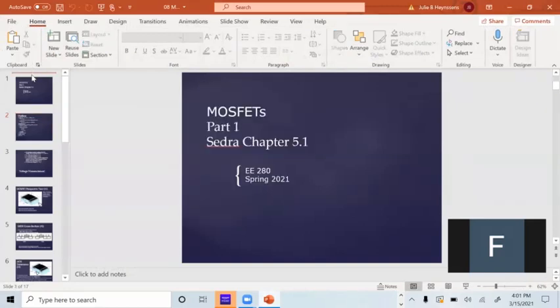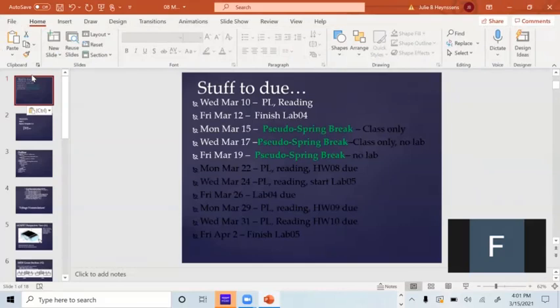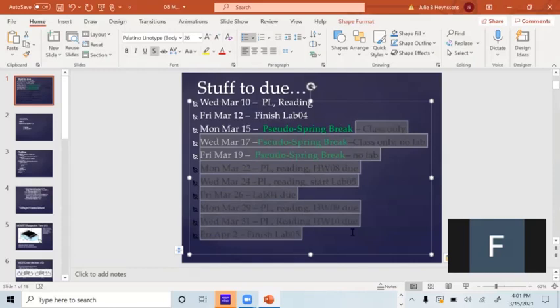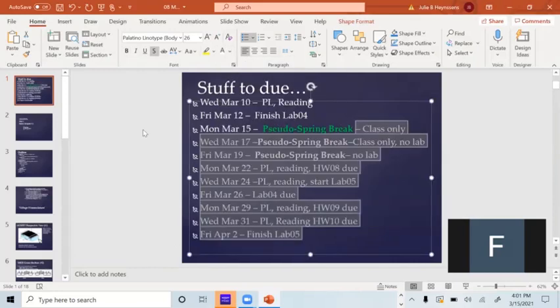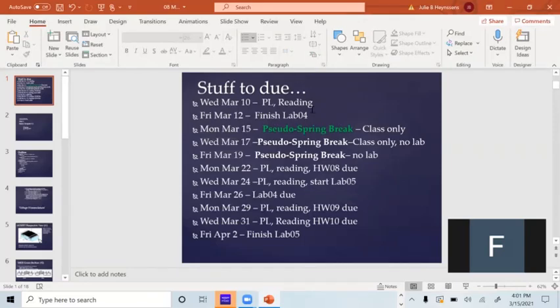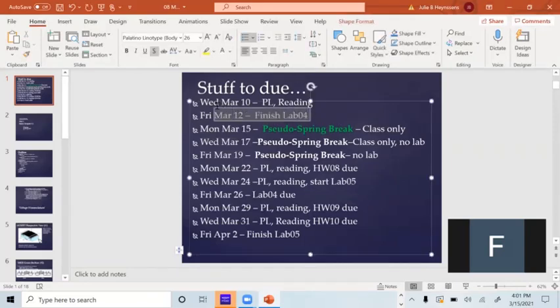Somebody chatting at me. Control V. We'll just have to make this all white so we can read it. Okay. And we can skip over that.